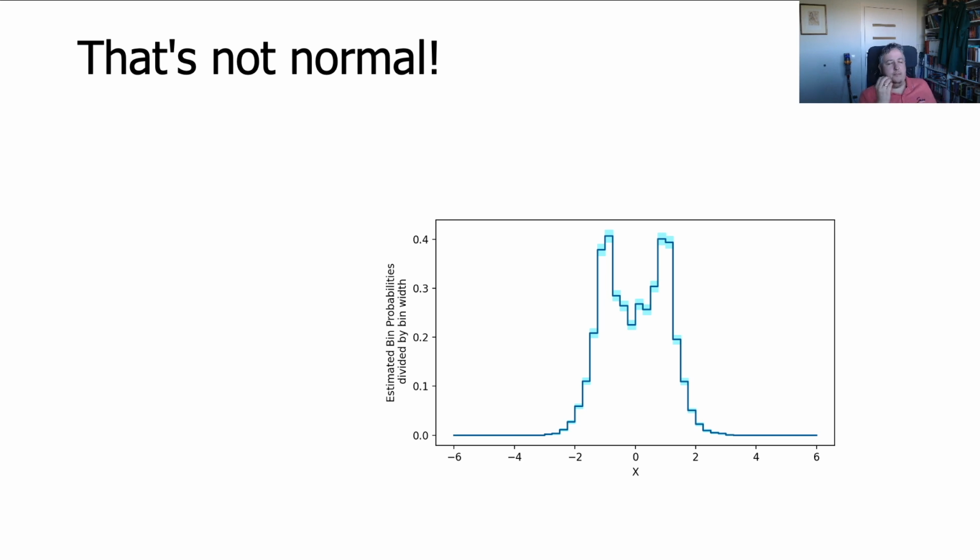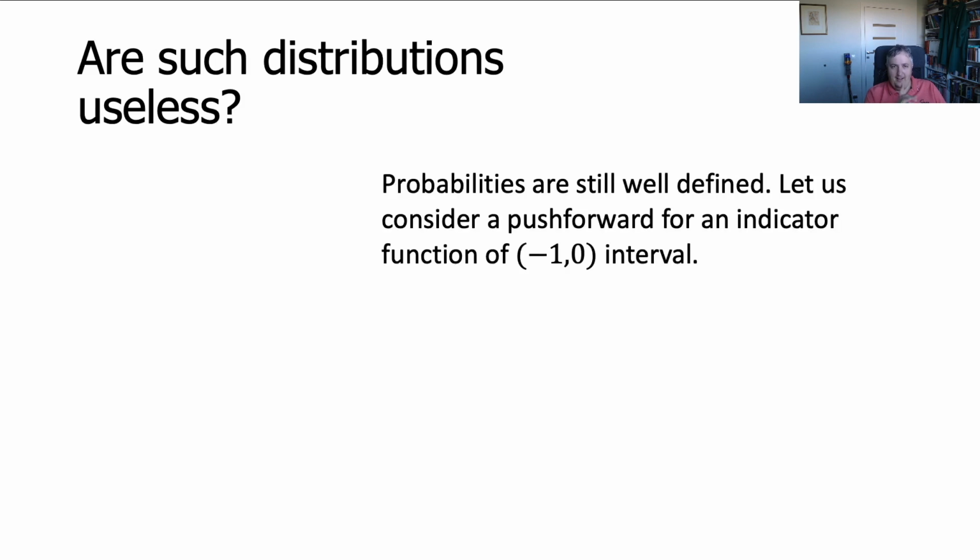Because you can always compute an average of samples and you get a number. But if that number estimates something that does not exist, it's a meaningless number. So in the case of Cauchy distribution, we cannot use the estimator to estimate the mean because the mean does not exist.